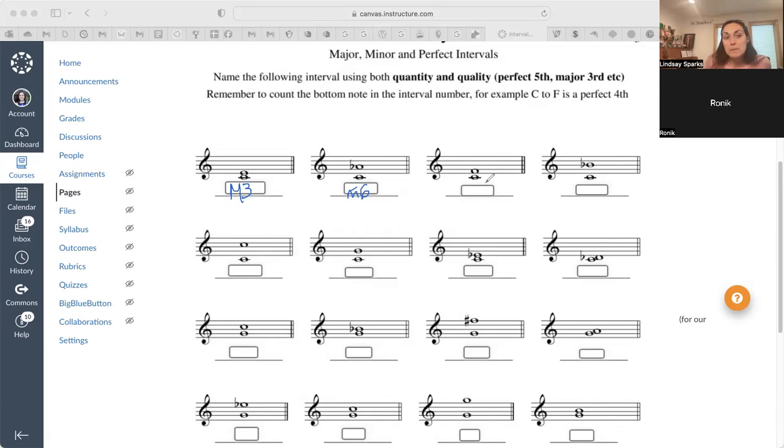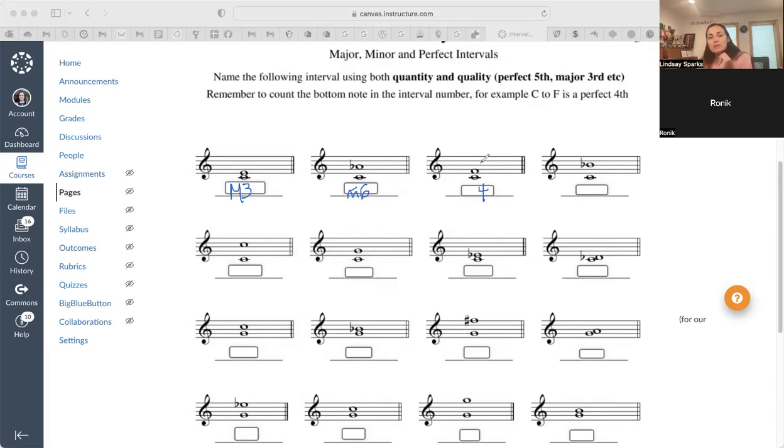Okay, C up to F. What do you think about this one? It is a fourth. And remember, fourths always carry a certain quality. So I don't think it's minor. I don't think it's major. So it's one of the other ones. Correct, it's neither major nor minor.